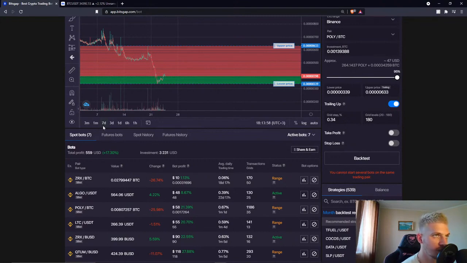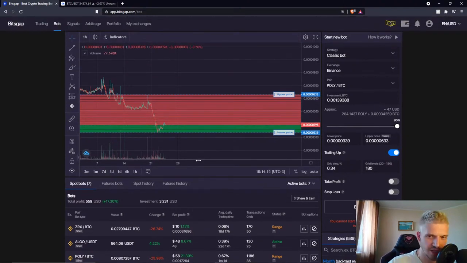So it takes a bit more time to implement the demo mode when compared with the spot market, on which we have the SBot and the classic bot, right?